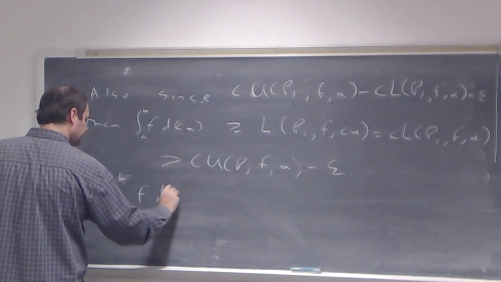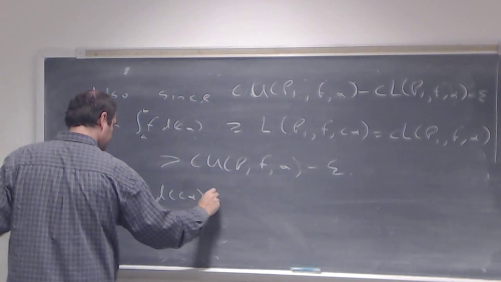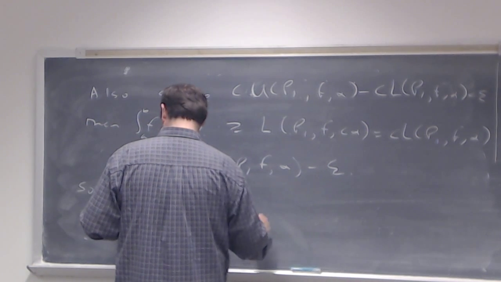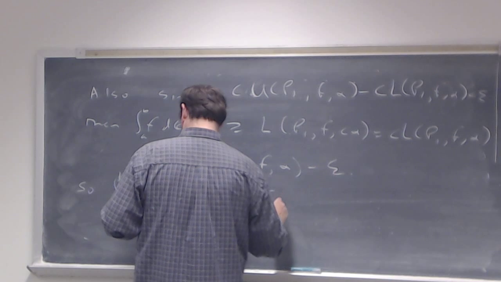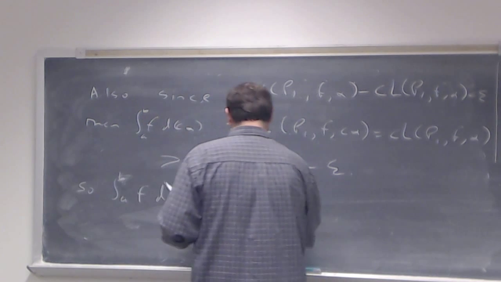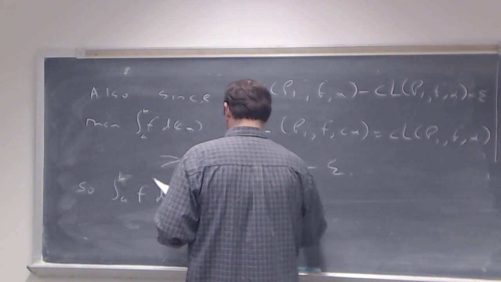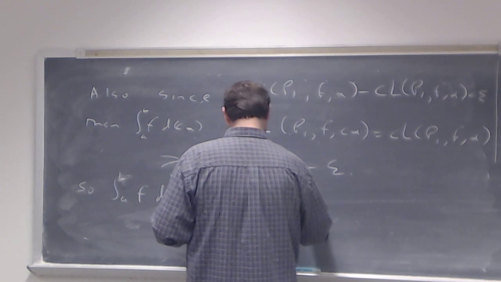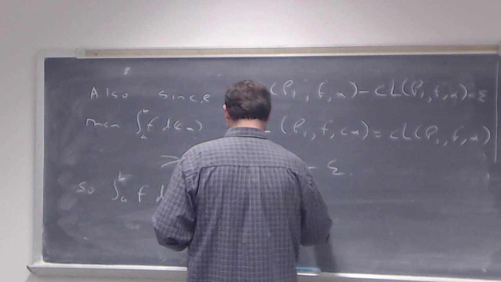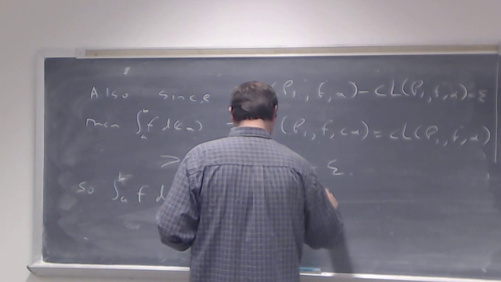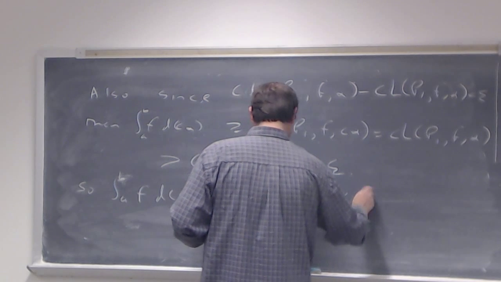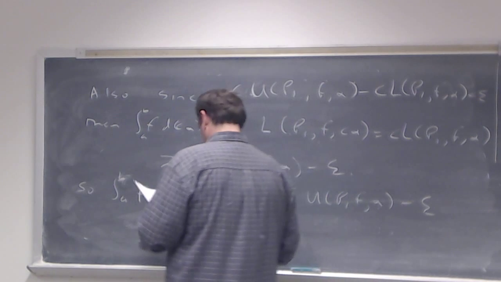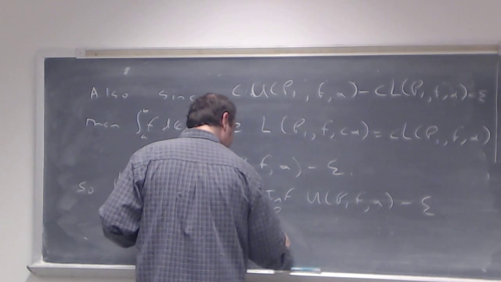Okay. So that means this integral from A to B of F d C alpha is going to be greater than the infimum over all partitions of C times this upper sum, P1, F, alpha, minus epsilon.